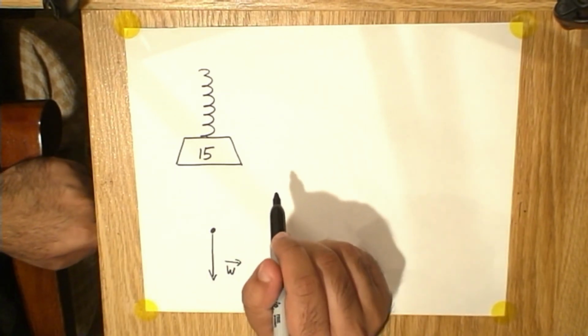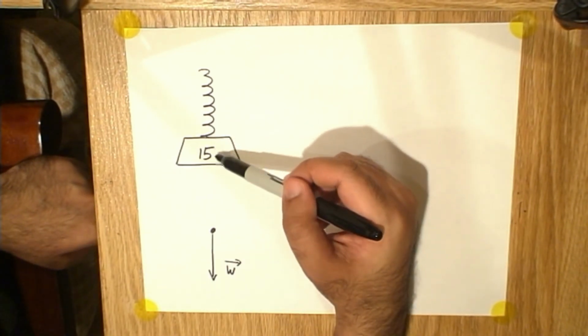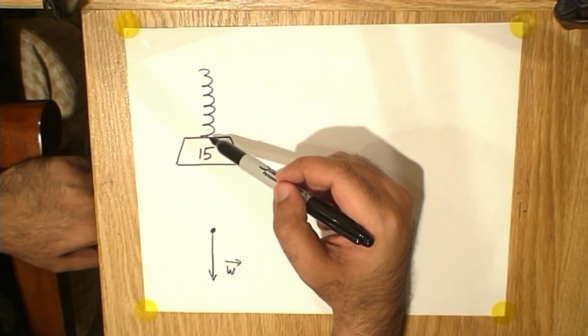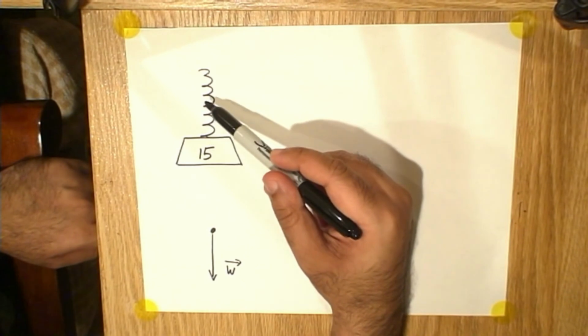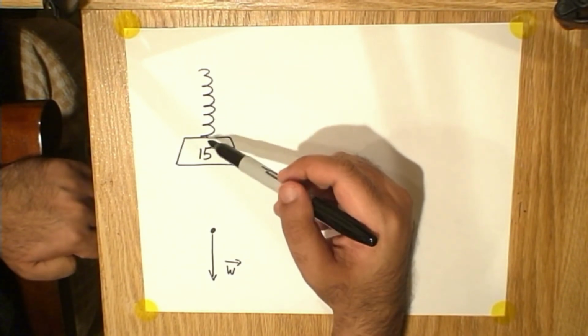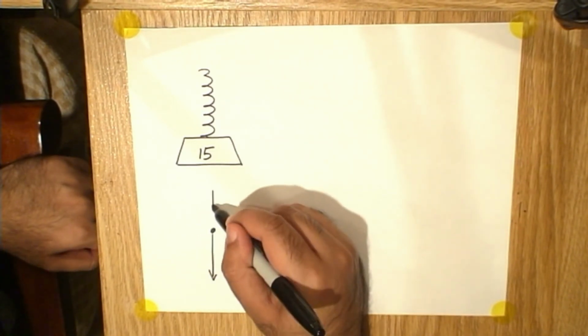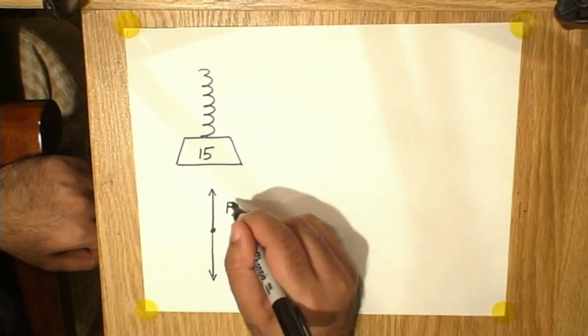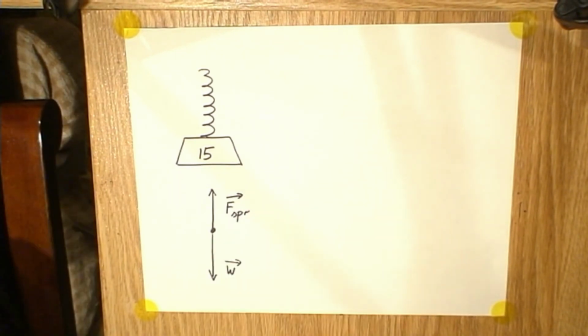Now, how do we know that? Because this object is exerting a force on the spring in order to elongate it. But by Newton's third law, the spring must therefore be exerting a force on this object. So we can represent the spring force like that.